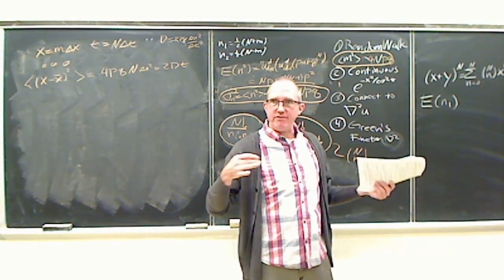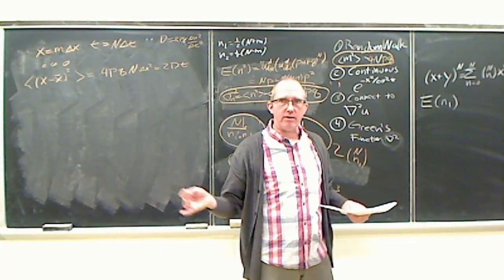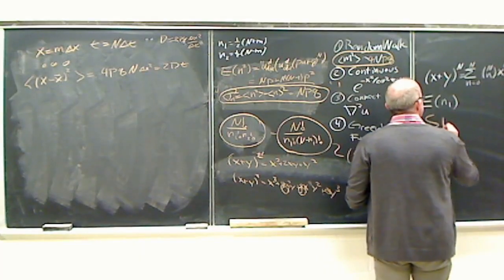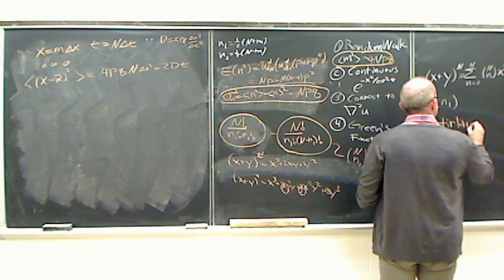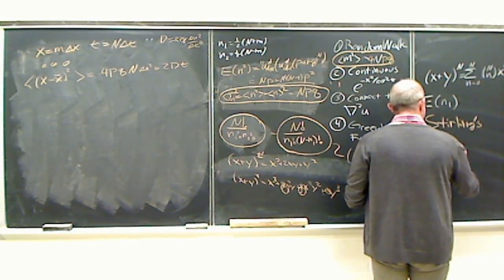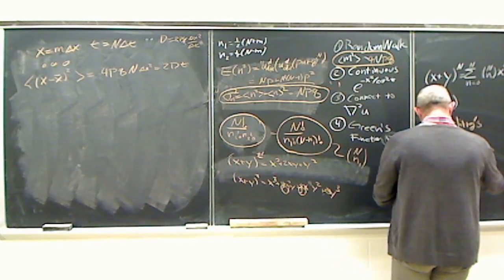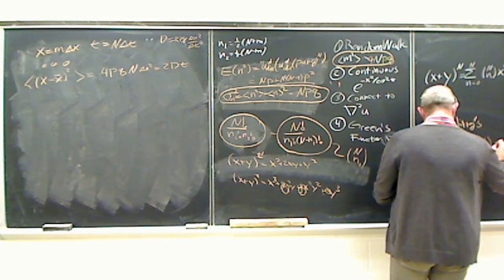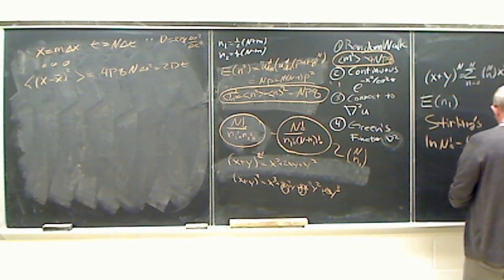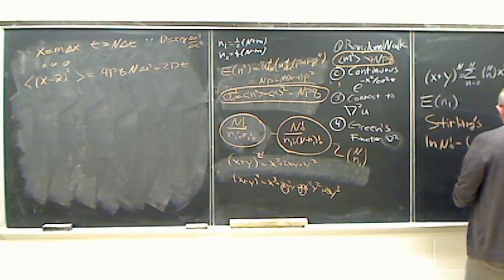So when I have an n factorial term, there are a lot of terms that you could throw out because they're way smaller. So Stirling's approximation says that the log of n factorial is equal to n plus 1/2 times the log of n, minus n, plus 1/2 the log of 2 pi, plus stuff that goes like 1 over n.